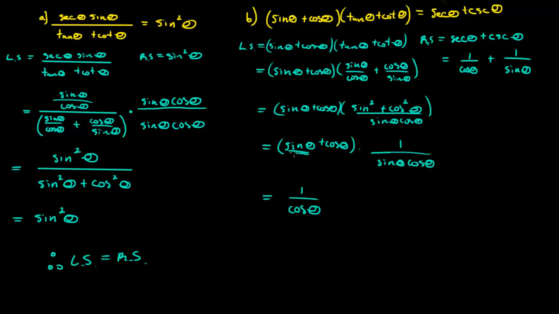When I multiply cos theta times this fraction, a factor of cos theta divides out. And what I'm left with is just 1 over cos theta plus 1 over sine theta as required. So therefore, the left side is equal to the right side, and I have proven this identity.